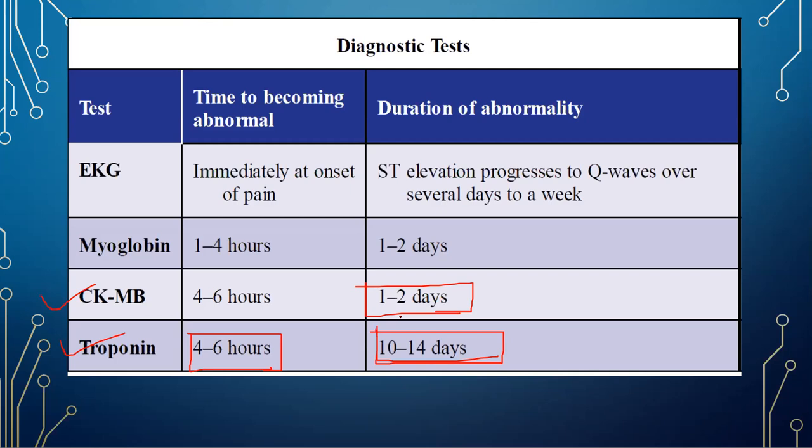Now, my question to you is that you got a patient and you did CKMB, which was elevated at that time. And then you also did troponin, and troponin was also elevated.